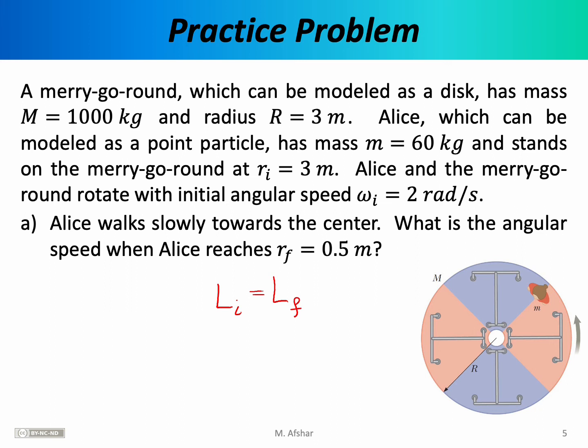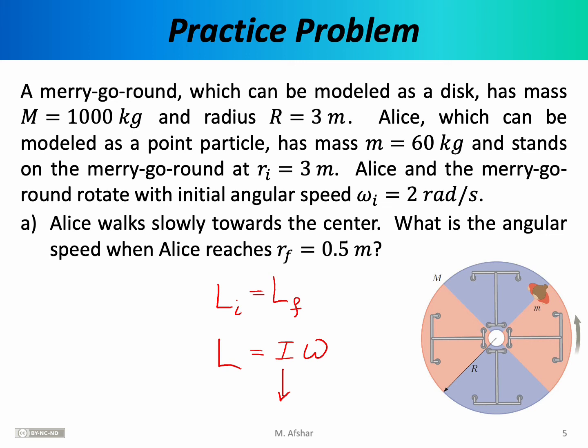Now, when I say system, what I really mean is the merry-go-round and Alice together as one system. Remember what angular momentum is for extended bodies. Angular momentum is the moment of inertia times angular speed. Think about what happens as Alice moves towards the center. As Alice moves towards the center of the merry-go-round, she's basically changing the distribution of mass within the system. In fact, as she gets closer to the center, the moment of inertia decreases, so we can represent that by a down arrow.